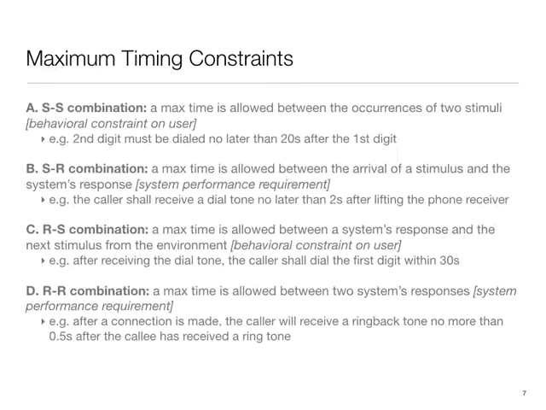And with that, for maximum timing constraints, I've shown examples where the constraint exists between successive or two inputs into the system. So this is really a constraint on the environment as opposed to the system.